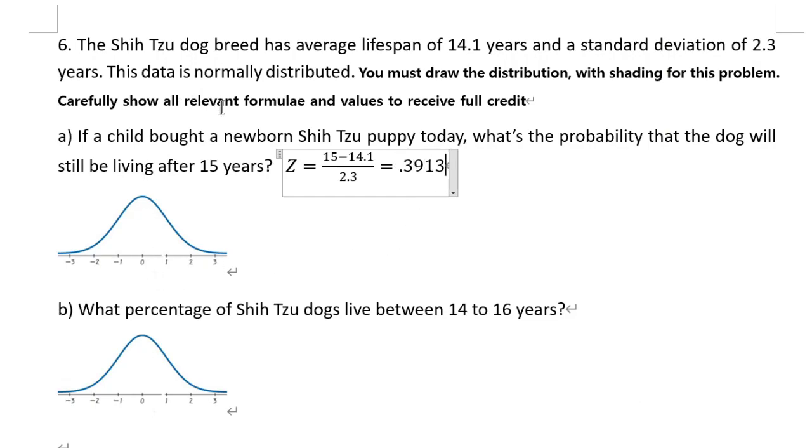And in here, what's happening is you have 0.3913 somewhere here, right? And you're trying to find the probability in this area. Now, what you have to know for the standard normal distribution is that the area gives you the probability.